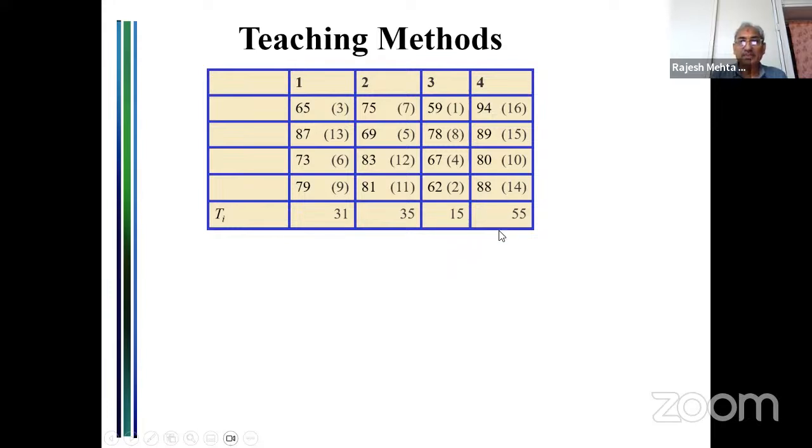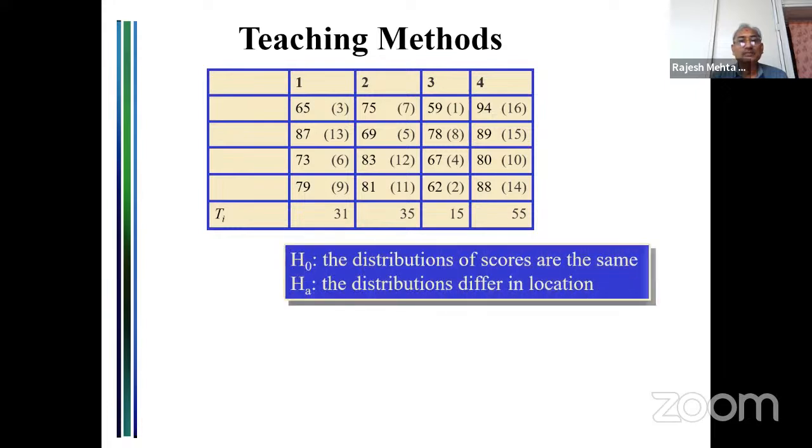That these people have higher marks, these people have lower marks. That seemingly you can see. But the test will tell you whether this difference is significant or not. The null hypothesis is that the distributions of the scores are the same, and the alternative hypothesis is that the distributions differ in location.